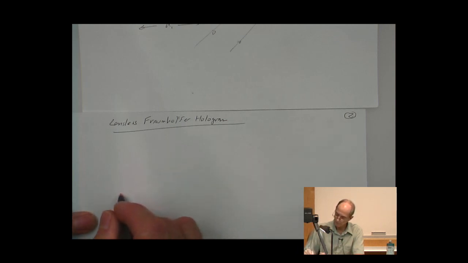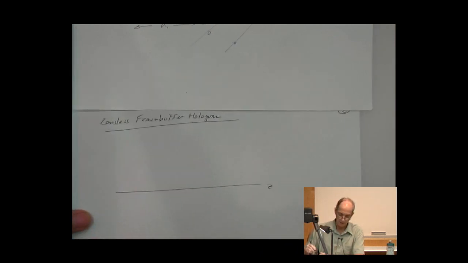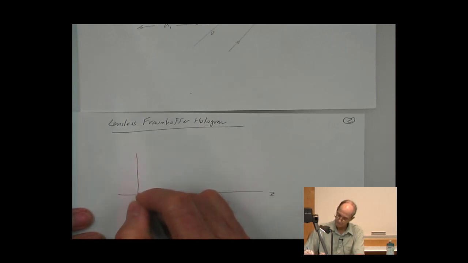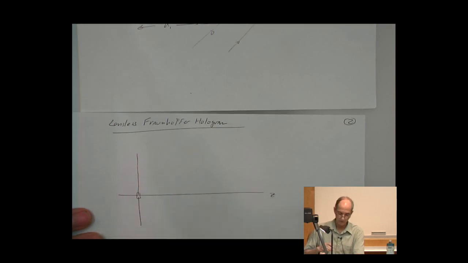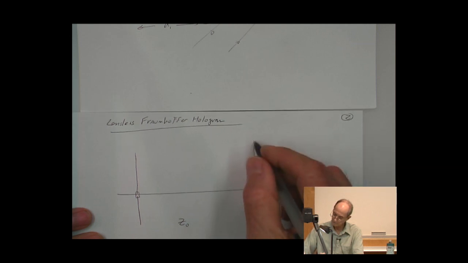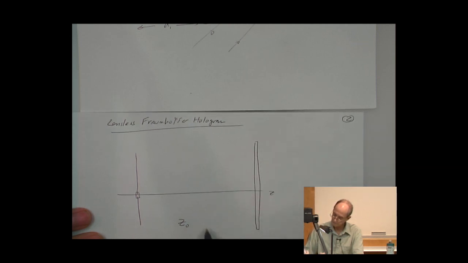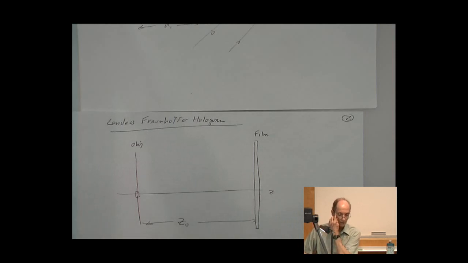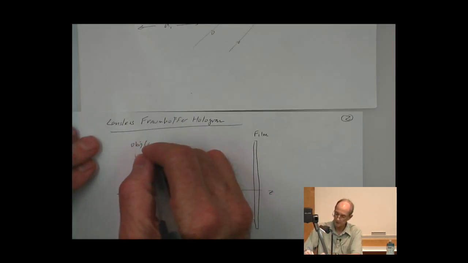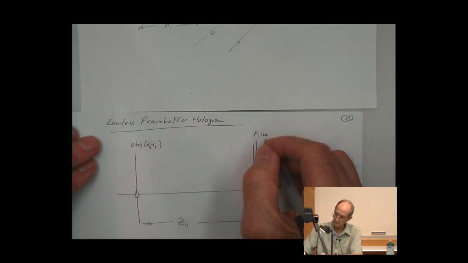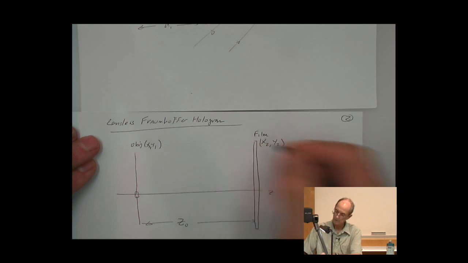So here we have our axis, and we place our object now out here at some distance z0 away from the hologram recording plane. So here's the film, and this is the object plane that we have, which may have coordinates x1 and y1, and here we have x2 and y2.